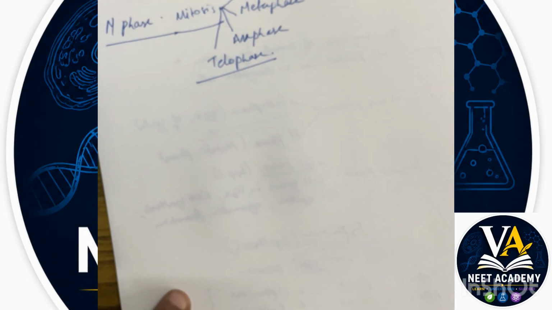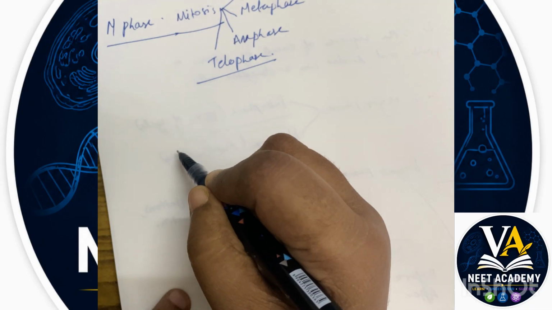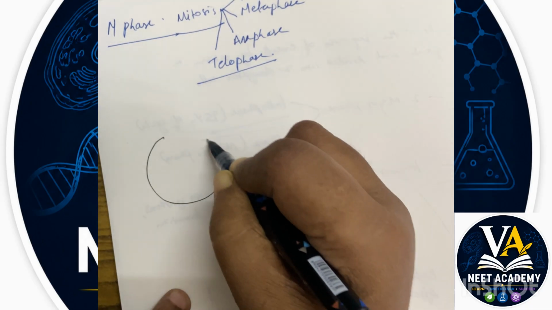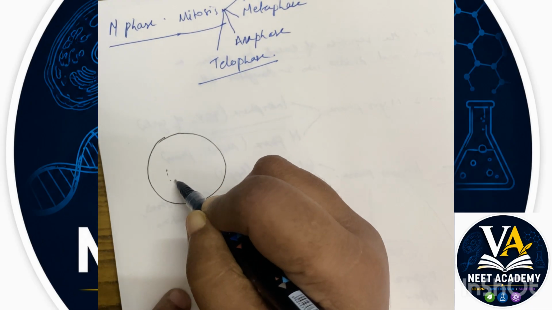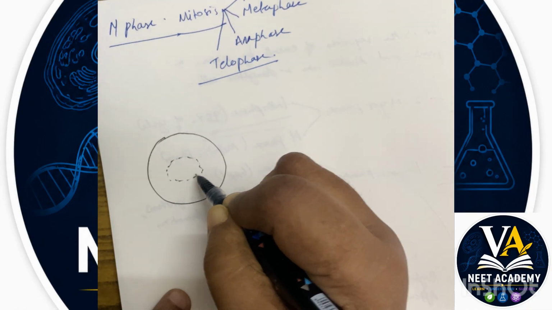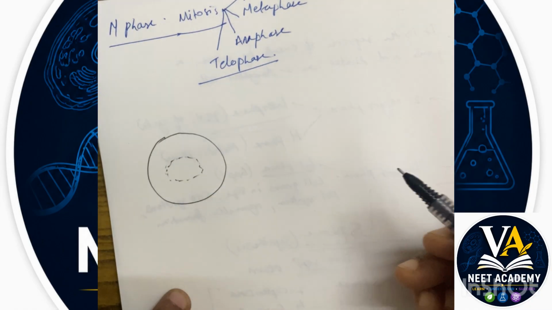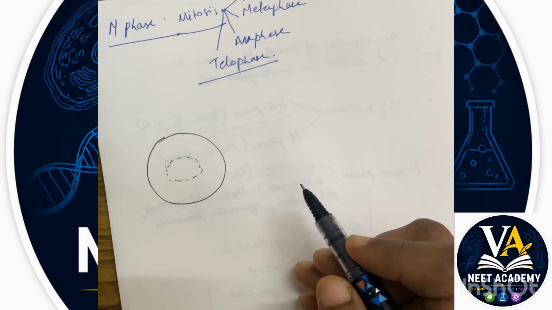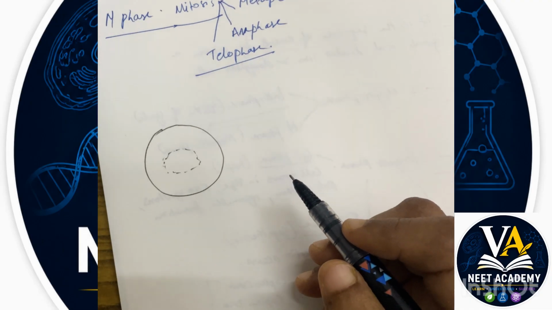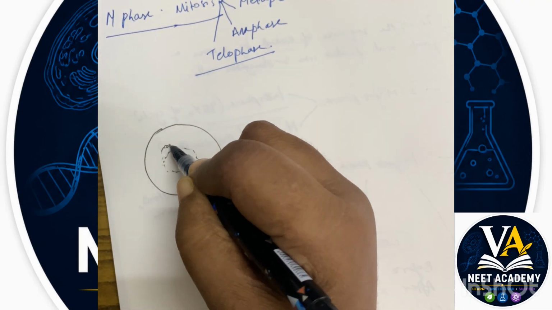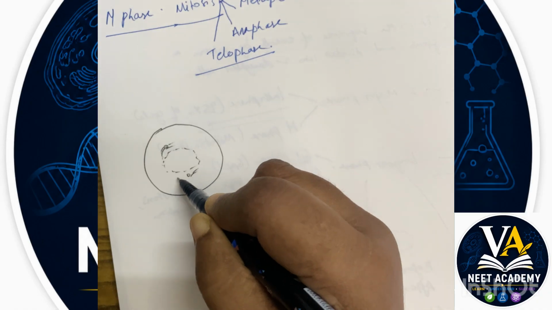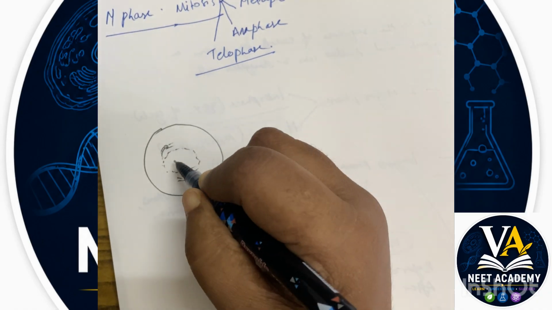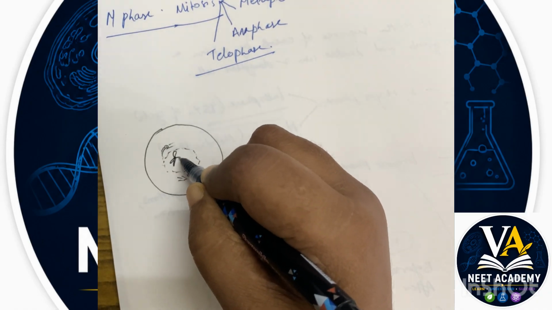Let us try and learn this through the diagram, because that will be much easier. So, what happens in prophase? Suppose this is the cell and this is the nucleus. The nuclear membrane starts disappearing, and this is why I have drawn it in dots. There is the formation of spindle fibers, and the chromosome condenses.